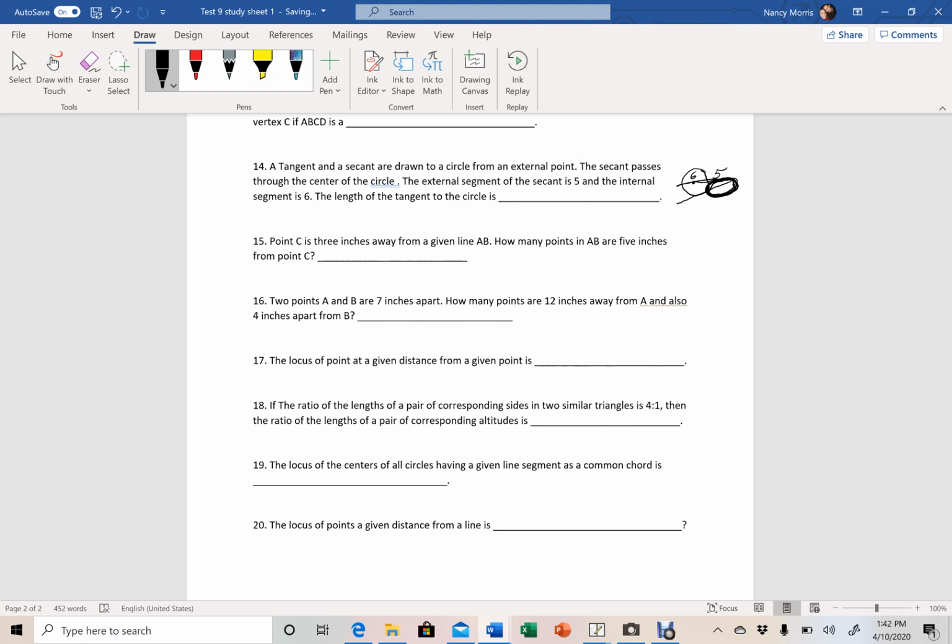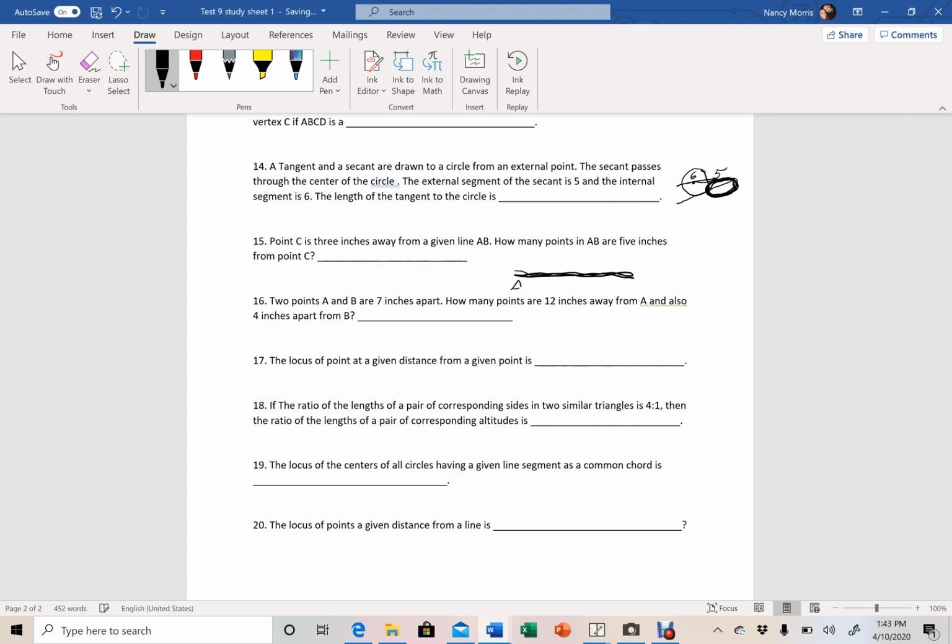Okay, so number 15. Point C is 3 inches away from a given line AB. How many points in AB are 5 inches from point C? Okay, so we have point C, 3 inches away from a line AB. So here's my line AB. Sorry, guys, I'm doing this freehand here.